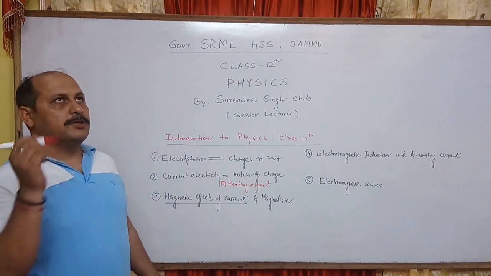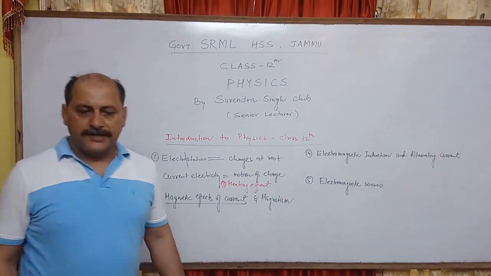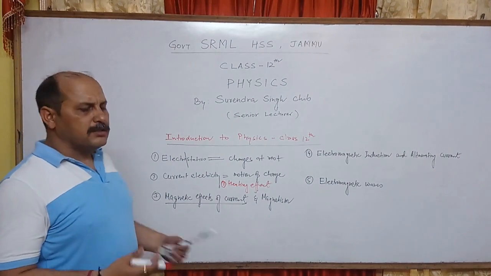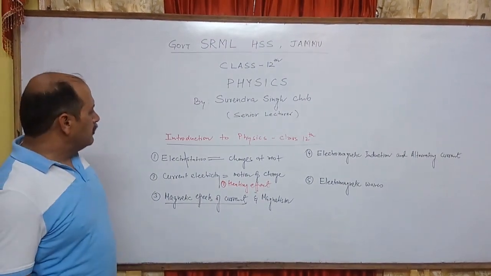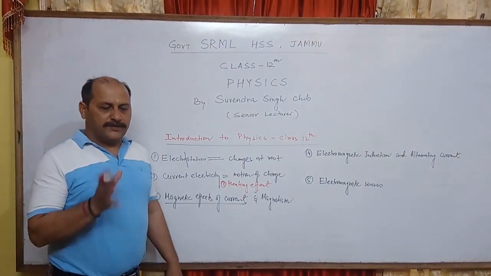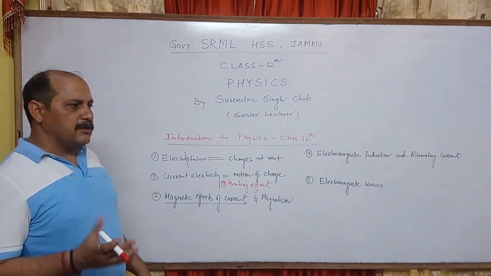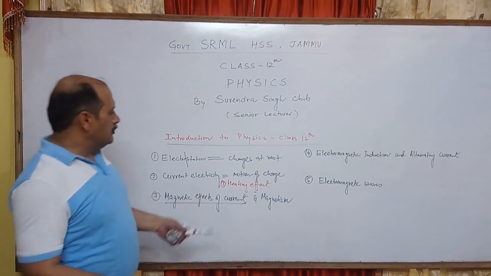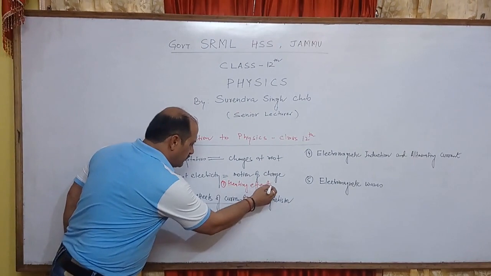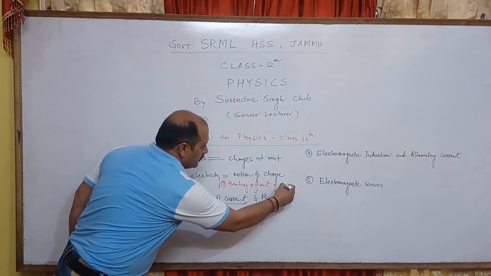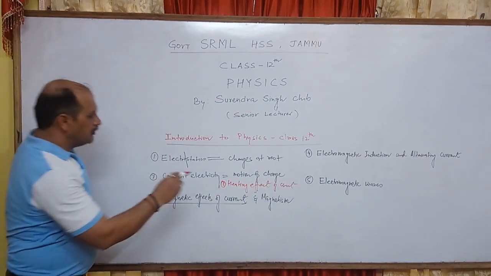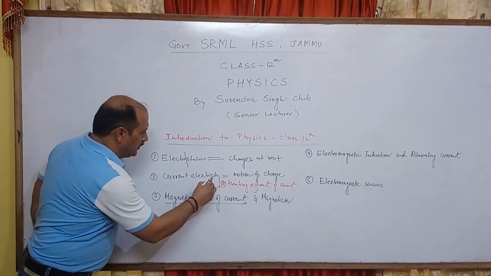When current is passed to the bulb, bulb भी गर्म हो जाता है. Geysers, many other appliances, iron. So when current passes, it produces a heating effect. Why does it produce heating? How much heat is produced? So many topics are there. That is the heating effect of current, and this topic is put in the current electricity unit.